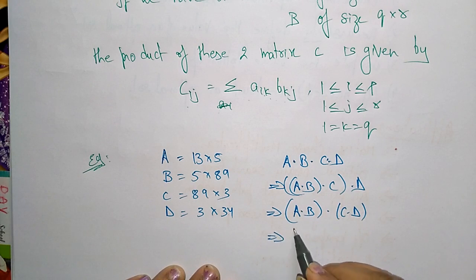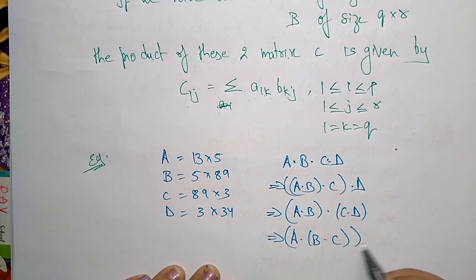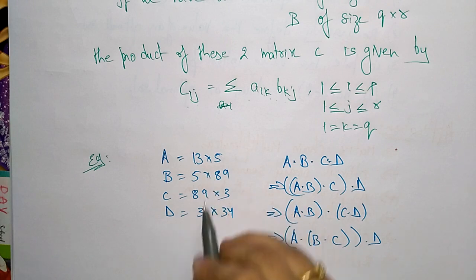Or else you can multiply like A dot B dot C dot D in a different order. So you can multiply the given matrices of different sizes in different ways.